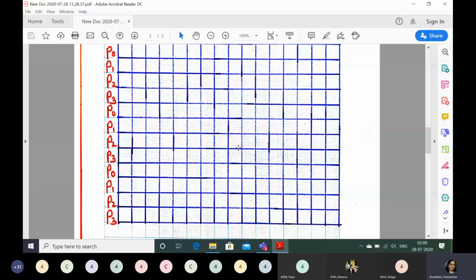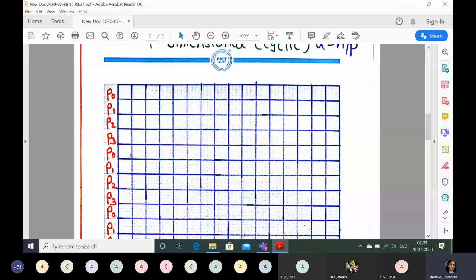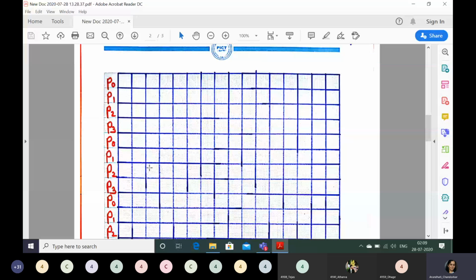So P0, after that P1, P2, again P0. So lack of locality, and that can be a problem in cyclic, though you are getting fine grain. Fine grain is always better. Then trade-off. So what we discussed yesterday, trade-off between the two. As per the situation, you should find out. So I hope now it is clear.